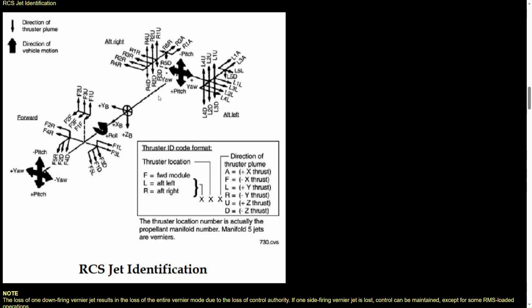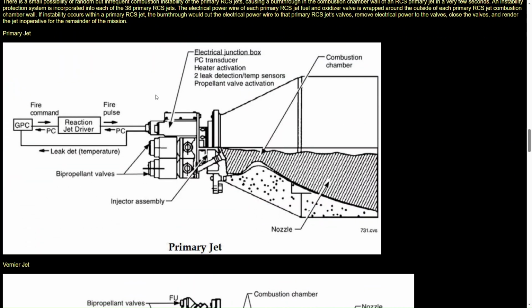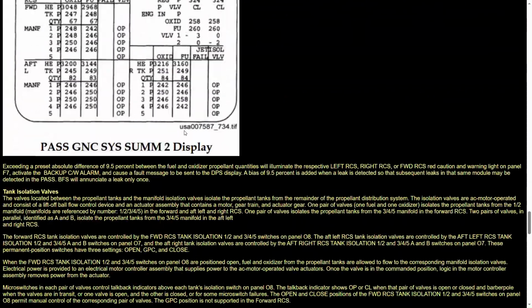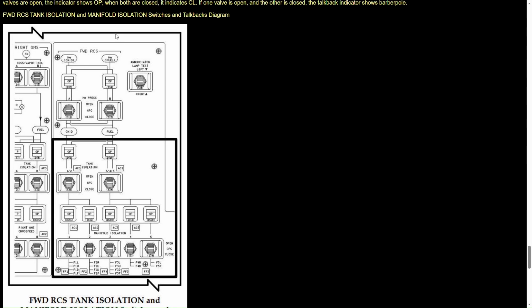We're going to go down a little bit here. You can see the thrusters, but we're going to go down to this panel right here, and we're going to use the forward RCS, reaction control system. And here you'll see how this forward RCS makes thrust.